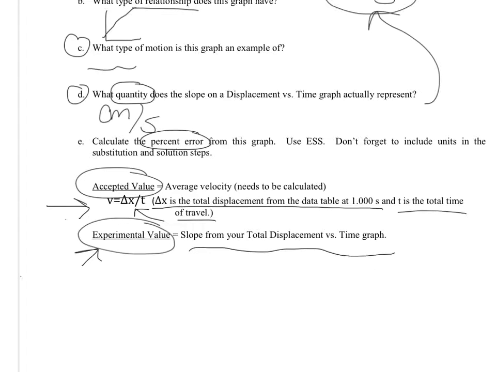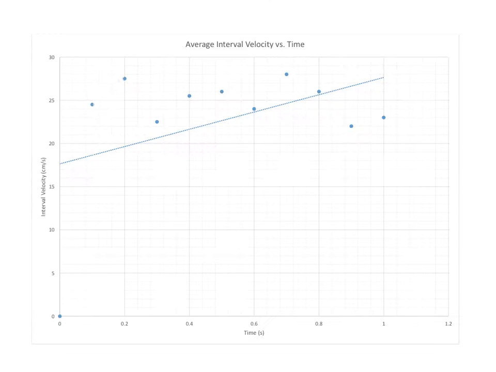We know that the percent error equation is just your accepted minus experimental over accepted times 100%. So go ahead and find that. You obviously may want to pause this video throughout to do the problems and then keep moving.